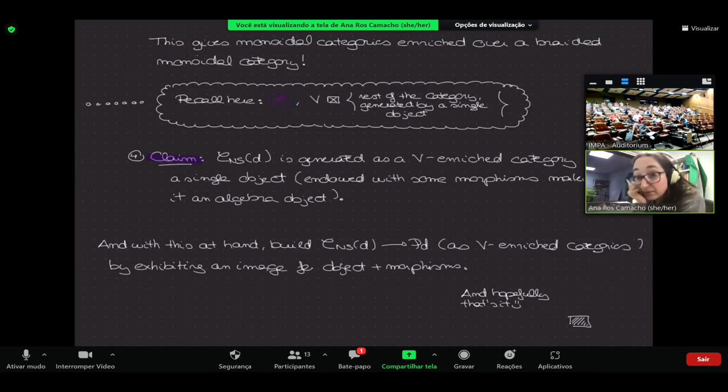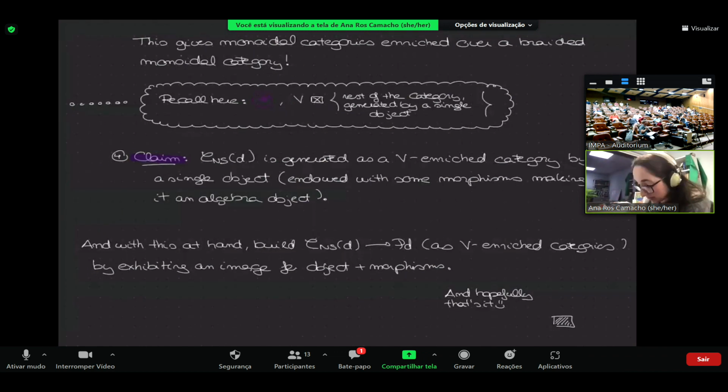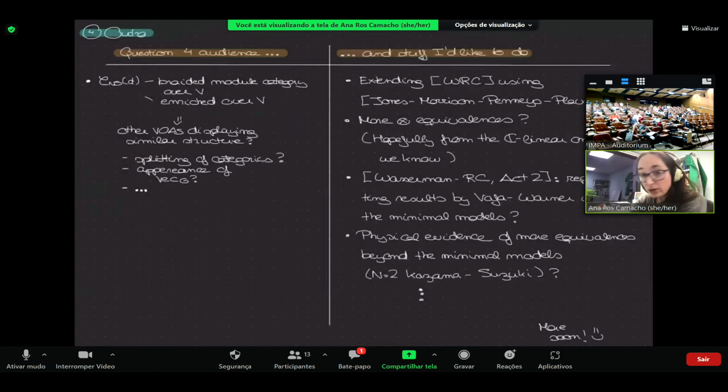And hopefully that's it. If I'm talking today about this, it's because I think it's a beautiful theorem altogether, but it also shows that there are a lot of categorical structures arising here. And I'm not completely sure it has been observed anywhere else. So, to conclude in my last 5 minutes, I would like to throw this question to the audience.